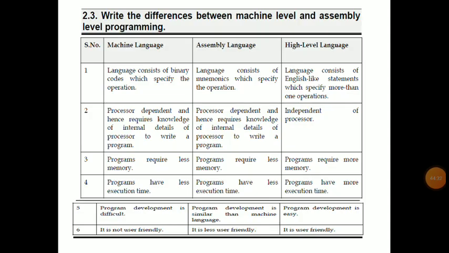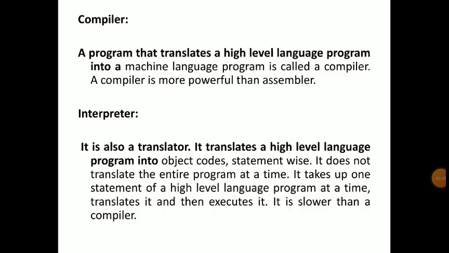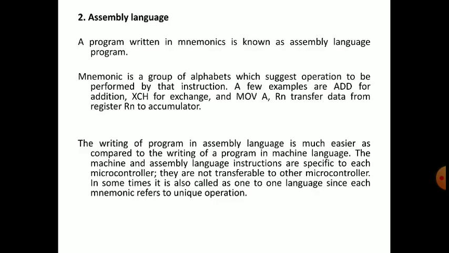And there is still another topic, that is the difference between machine level and assembly level programming. This topic we can see in tomorrow's video lesson. We have already completed 45 minutes of class of the second chapter.